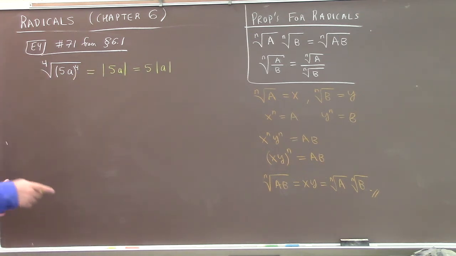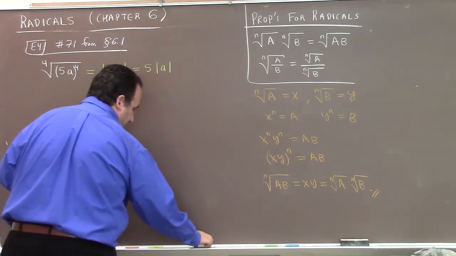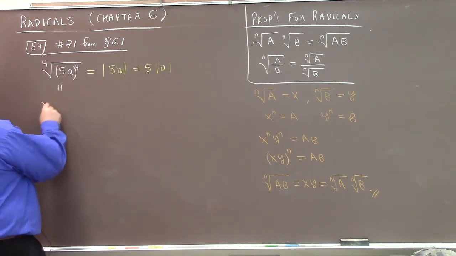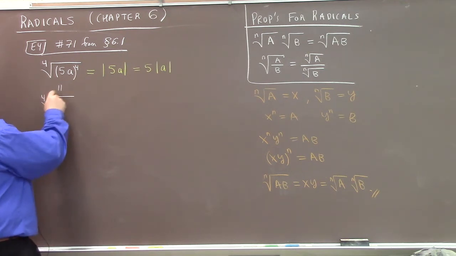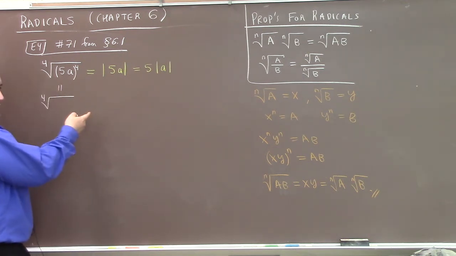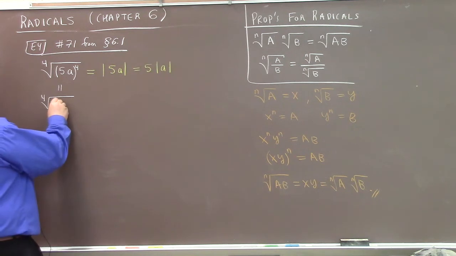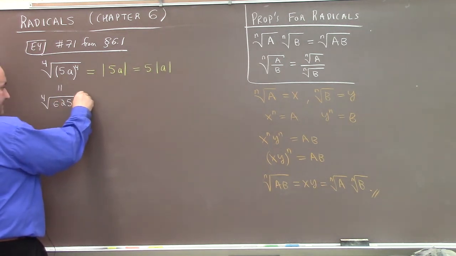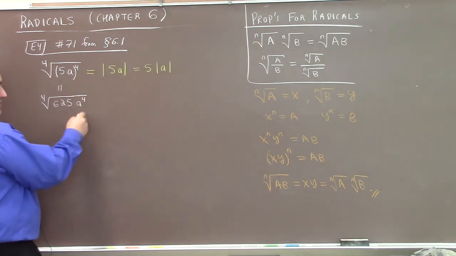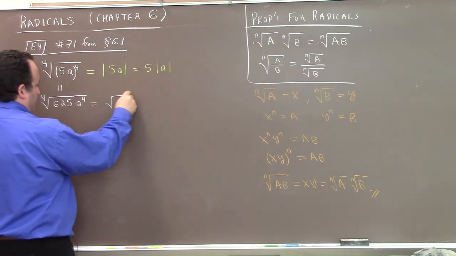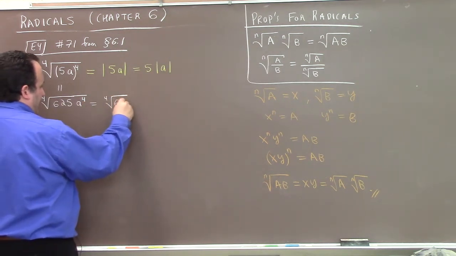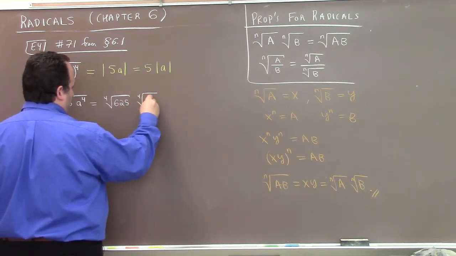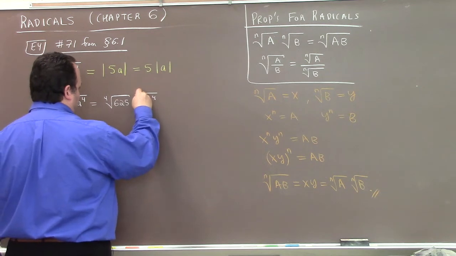But you would have needed the property if you had been so foolish as, like me, to write this instead as the fourth root. What I was thinking in my mind is 5 to the 4 is 625, a to the fourth, yeah? And so that would have been the fourth root of 625, and then the fourth root of a to the 4.